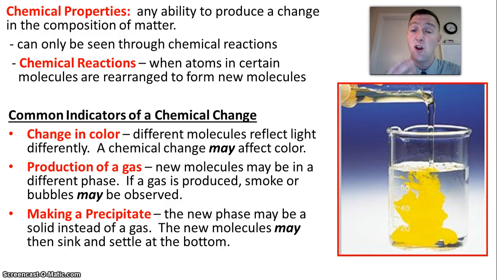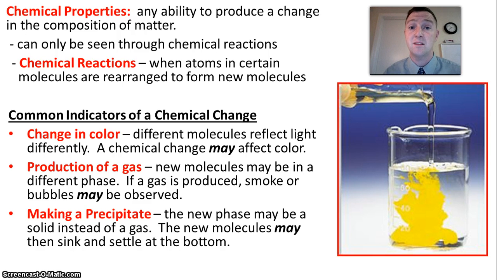So the only way we can see a chemical reaction is by the substances it produces. And what we're doing is we're rearranging atoms. So I start with at least two different molecules. I do something to get them to react.